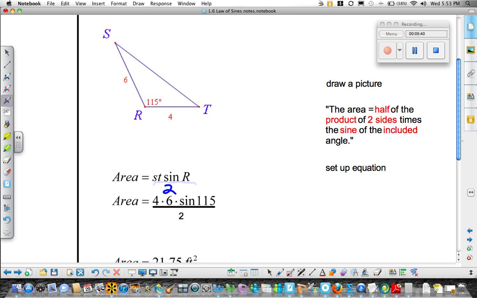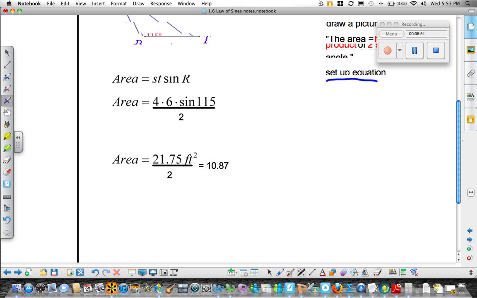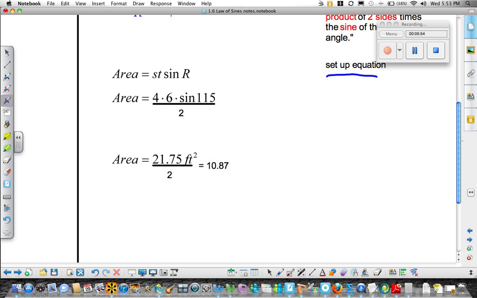Plugging in those sides, that's 4 times 6 times the sine of 115, all divided by 2. Then it's a matter of using our calculator. 4 times 6 times the sine of 115 is about 21.75. We divide that by 2, and we get about 10.87 square feet.